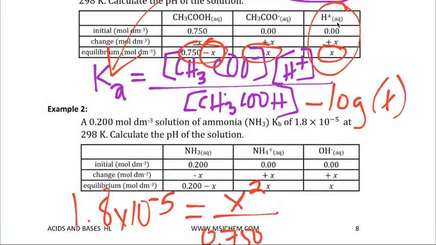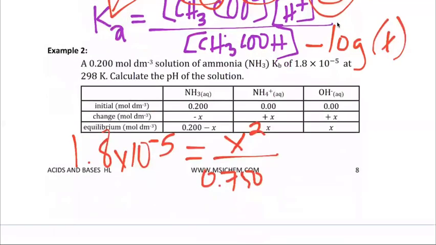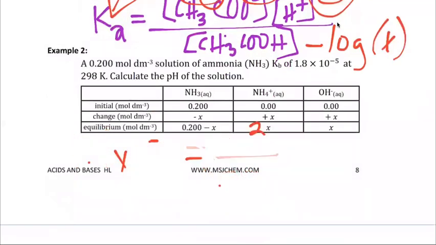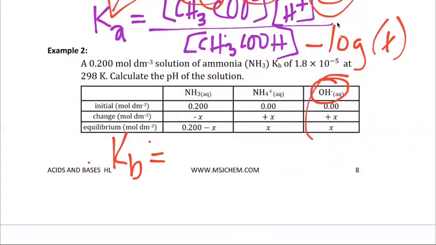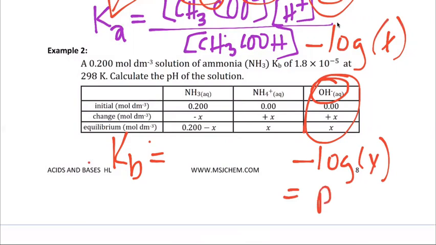Okay. The only difference in the second example is that it's a weak base. The process is essentially the same. The only difference is that because you have a Kb value, you're going to be solving for the hydroxide ion value. So when you get x, x is the hydroxide ion value. So if you do the negative log of x on this example 2, that's going to give you pOH. There's one extra step.